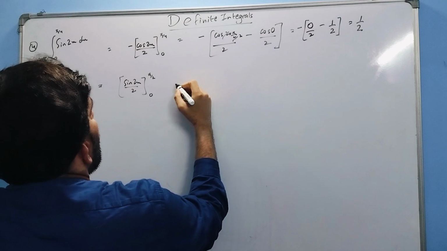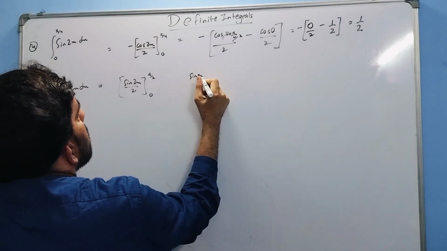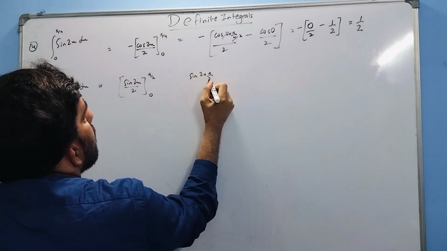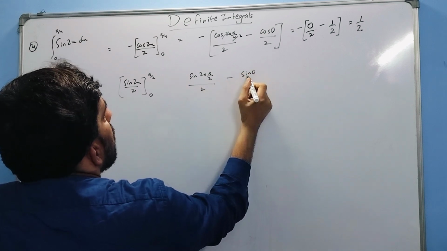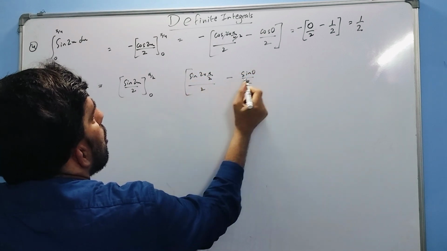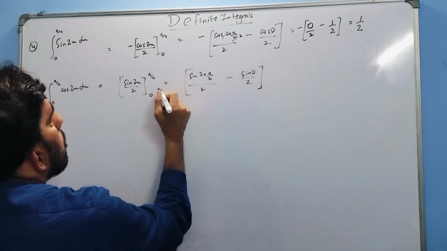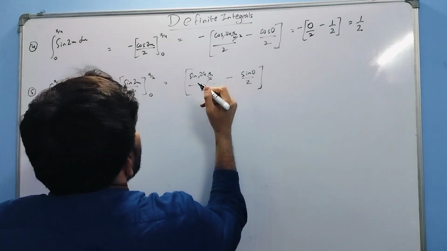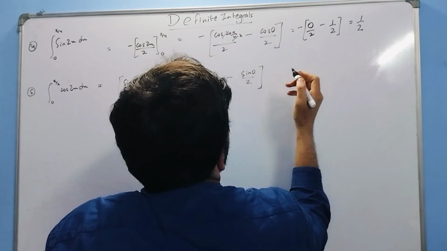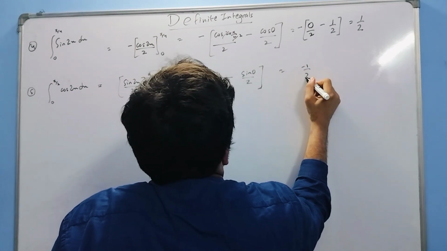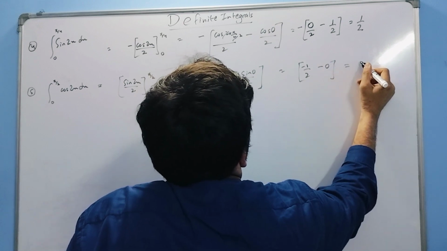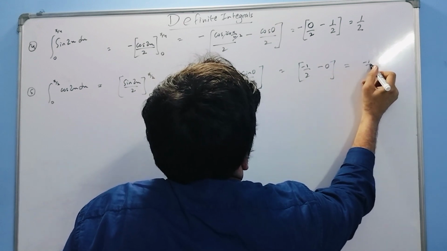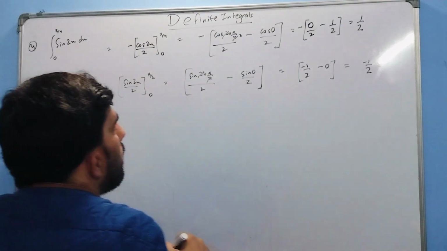So now we'll put the value: sin 2 into pi by 2 upon 2 minus sin 0 upon 2. Okay, so now let us try to solve. We have sin 180, and sin 180 is 0, so 0 upon 2 minus 0. Here also I got my answer, that is 0, because we all know that sin 0 is 0.